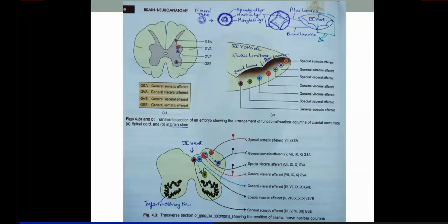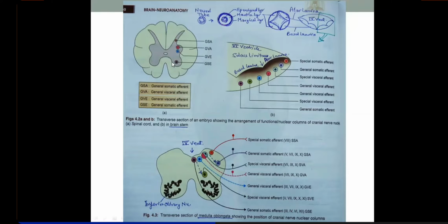Because branchial is something special in the head and neck region, we call it special, and because they're deep inside, they are visceral. Although they are skeletal muscles, they are deep inside, so we call it the special visceral column: special visceral afferent, special visceral efferent, and this functional column will be in between these two.